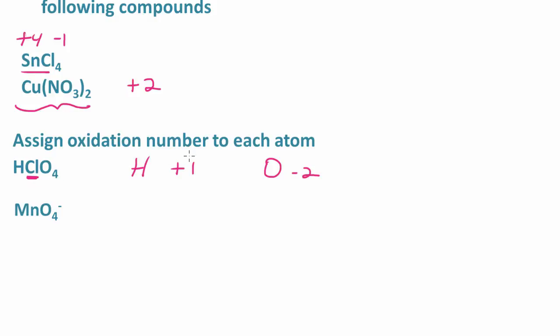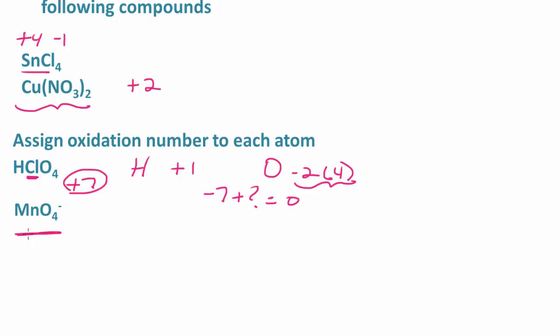We have 4 oxygens, so -2 times 4, and we have 1 hydrogen. So -8 plus 1 is -7. What plus -7 is equal to 0? +7. So the chlorine would have an oxidation number of +7.